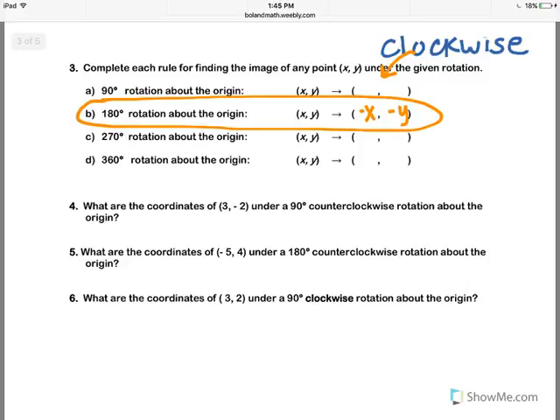For 90, it is going to be the same as 270 counterclockwise. So your y and x are going to switch positions, and your x is going to change signs. And then for 270 clockwise, your y and your x are going to switch, but the y is going to have the opposite sign. And then for 360, you're just going to keep the same coordinates.